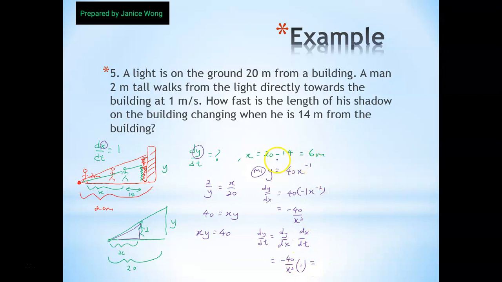Given x equals to 6, negative 40 over 6 squared, 36. Simplify further, we get negative 10 over 9 as the final answer. dy over dt, the length in meter per second. Or we can use method 2.